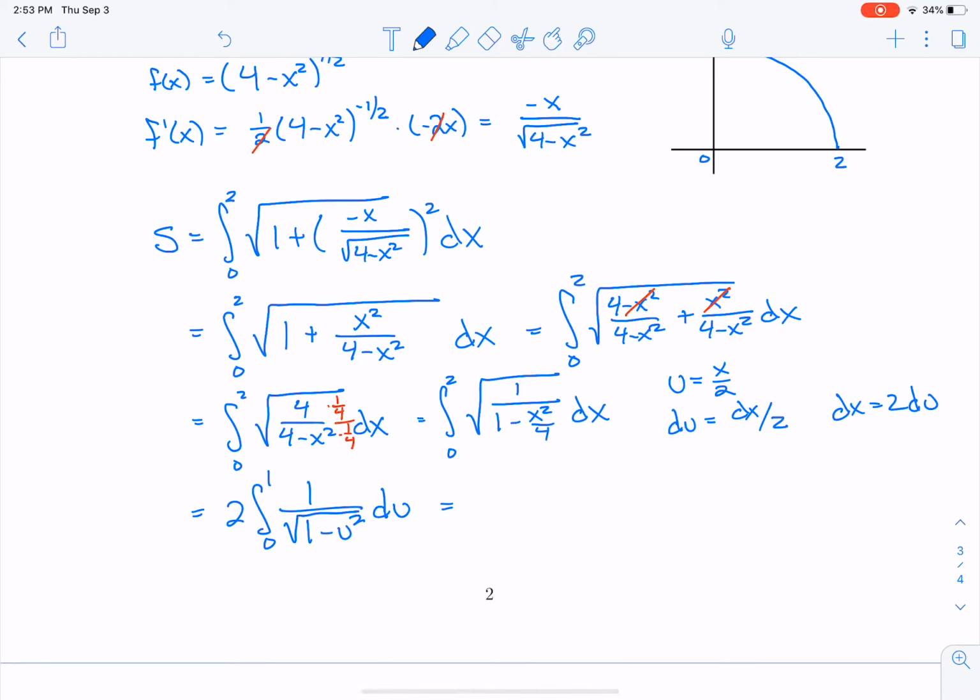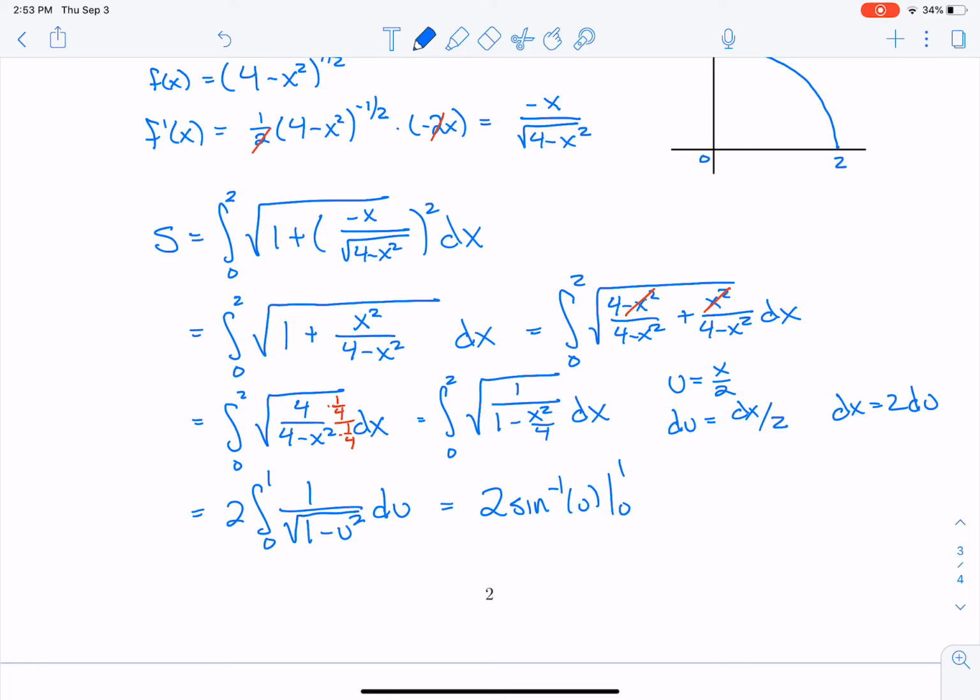And that is something I do know the antiderivative of. So this is 2 times the arc sine of u, evaluated from 0 to 1.